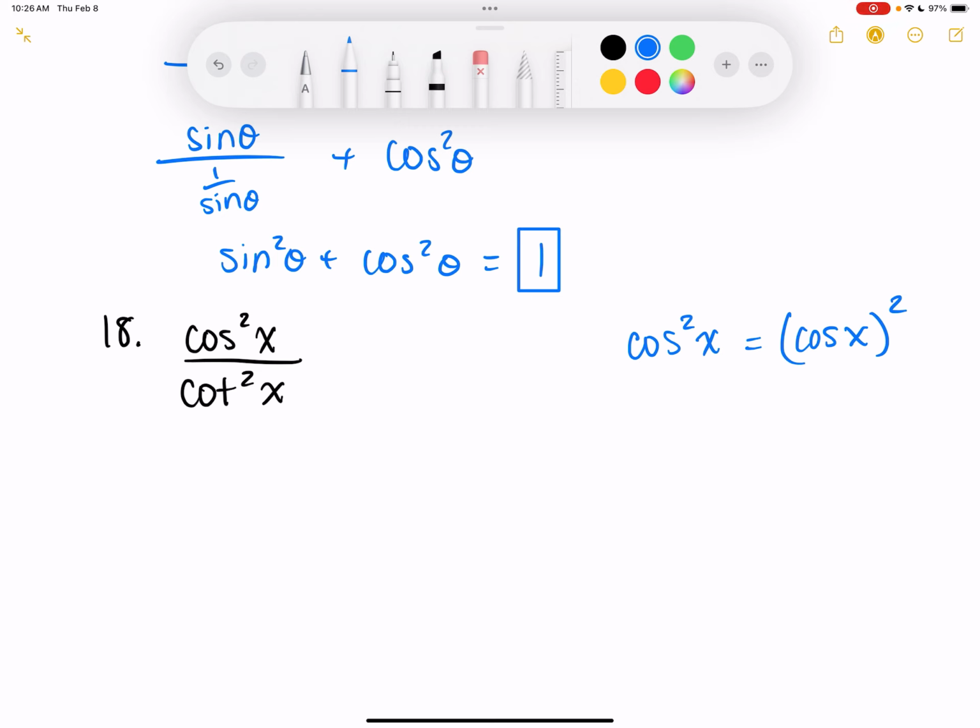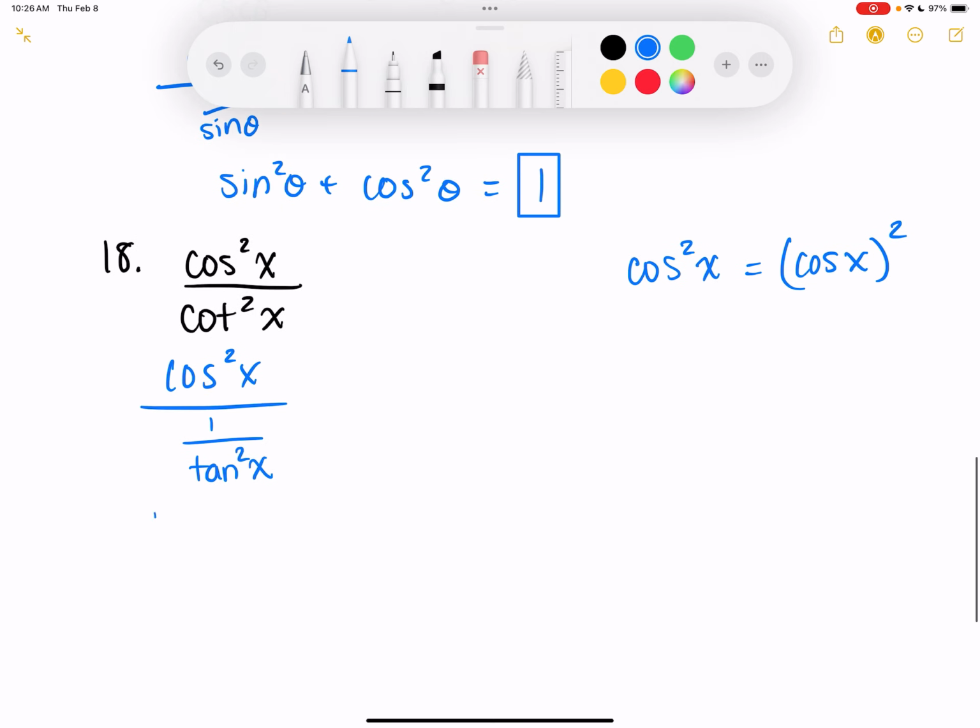So cosine squared of x over, you said to write it as 1 over tangent, and that would still be squared of x. So then what would I have to do at this point? I have something divided by a fraction, so what would I do? Keep change flip. So this is going to give me cosine squared of x times tangent of x, or sorry, tangent squared of x.